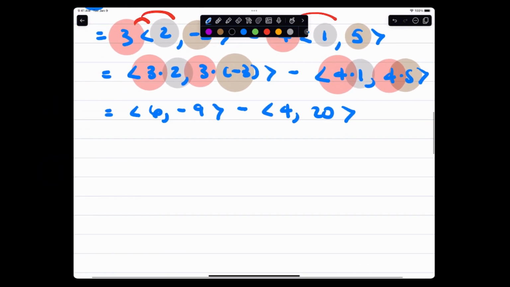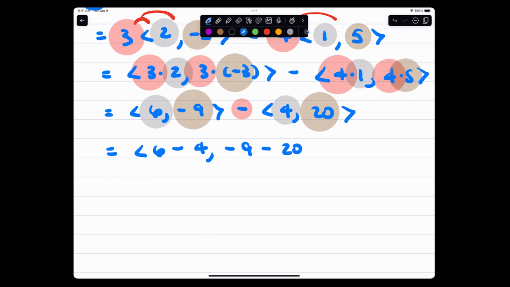Now, you might say, what do I do with these components now? Well, what's your operation now? Subtraction. How do you do that? You do that component-wise. So get those components. 6 minus 4, negative 9, minus 20.